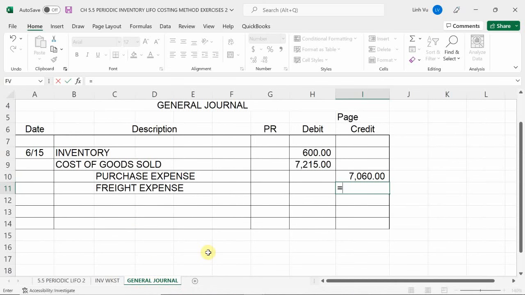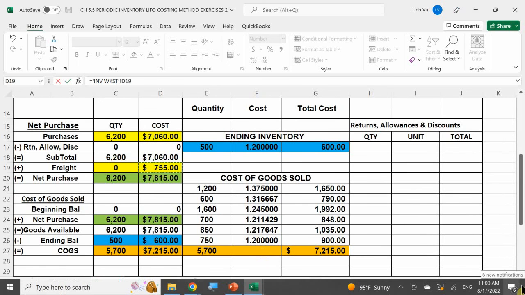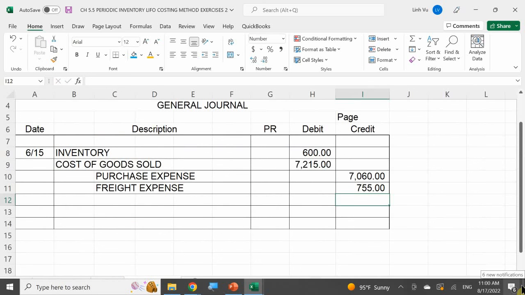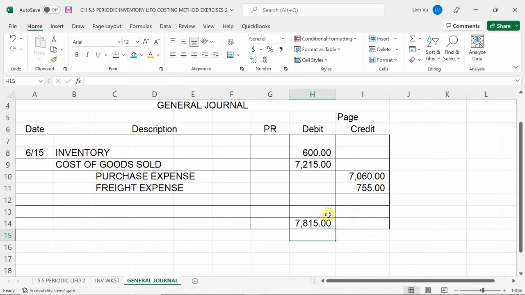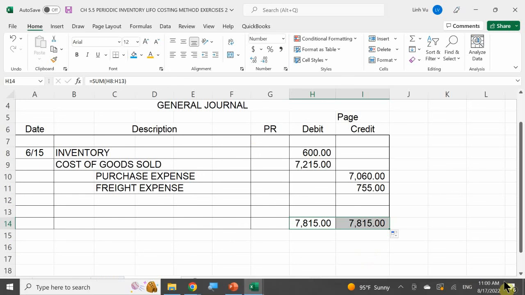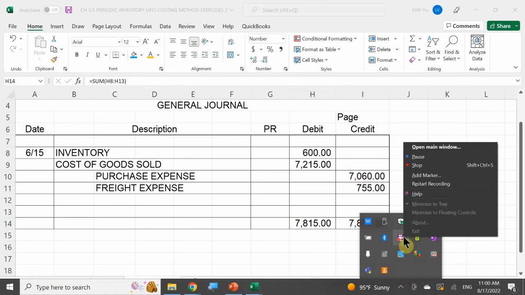And last but not least, freight, 755. Again, we need to double confirm that our total debits match our total credits. In this case, I got 7,815 on the left, 7,815 on the right. And then you put your description accordingly. All right, awesome. That is it for today. Any questions?